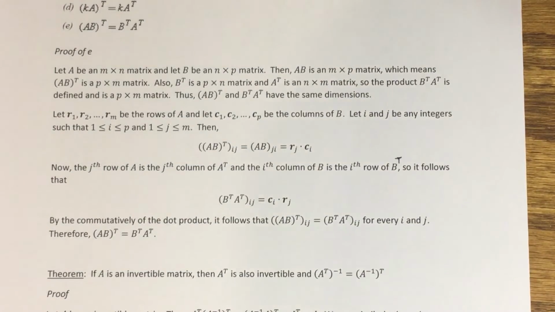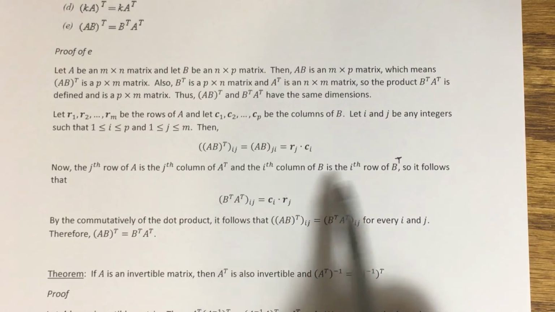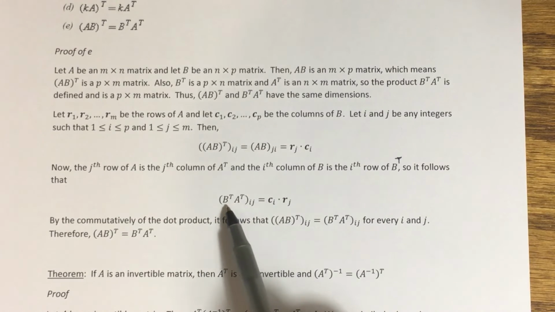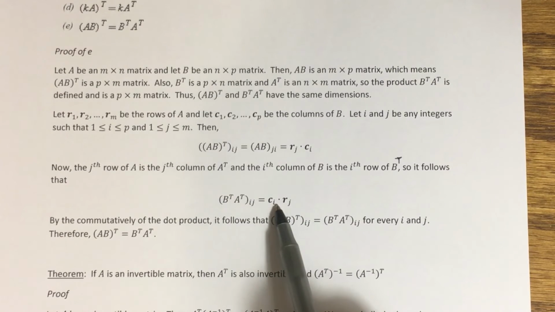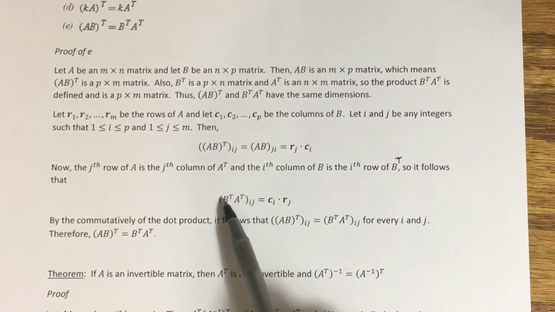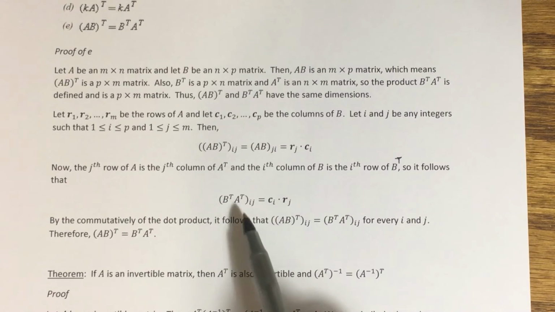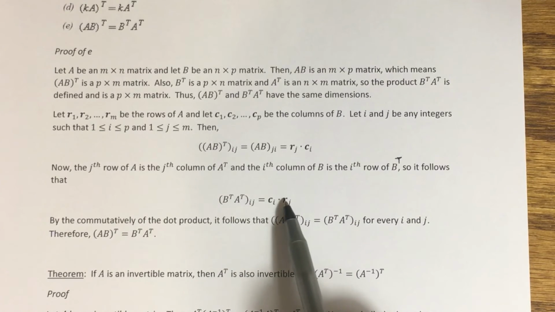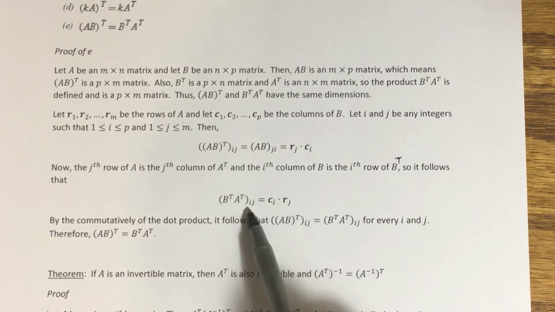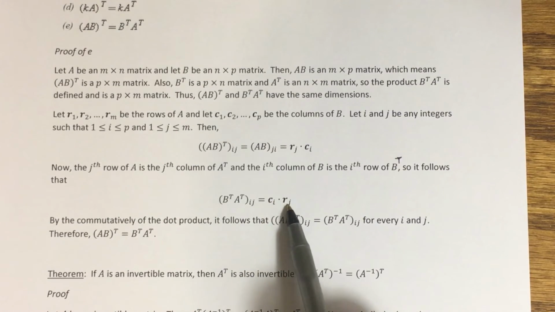Let me write that in there. Okay? So from that, it would follow that B transpose, its ith row, is actually Ci. That would be the ith column of B, but it becomes the ith row of B transpose. And similarly, Rj would be the jth column. It started out as a row in A, became a column in A transpose. So that the ijth entry is Ci dotted with Rj.